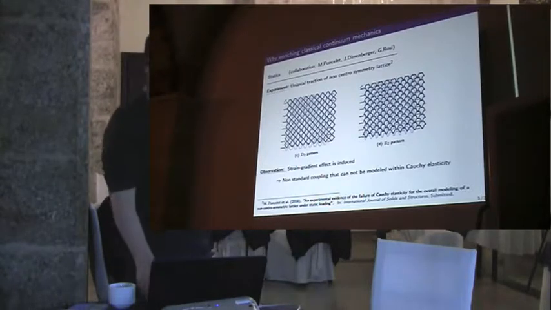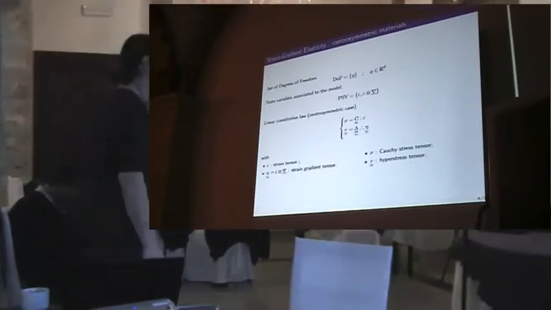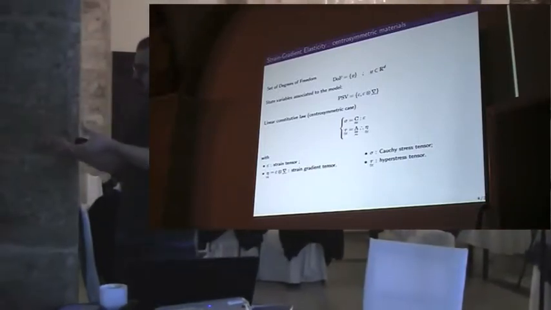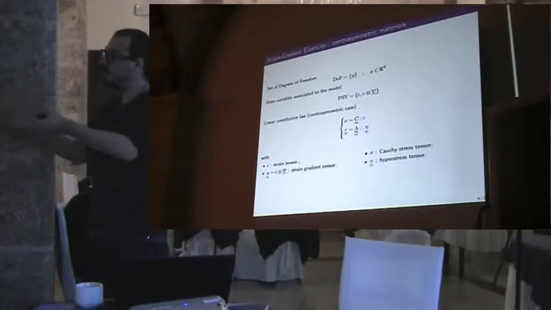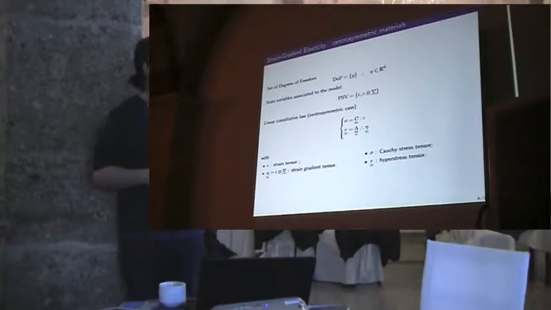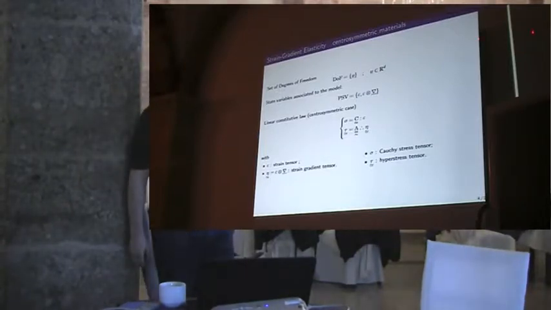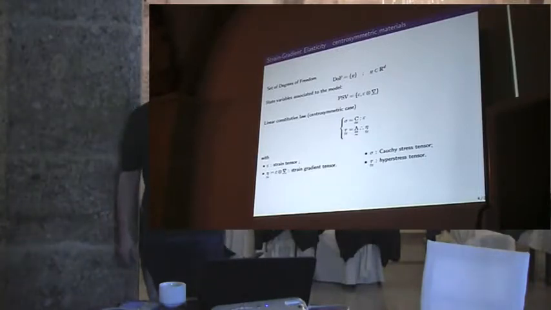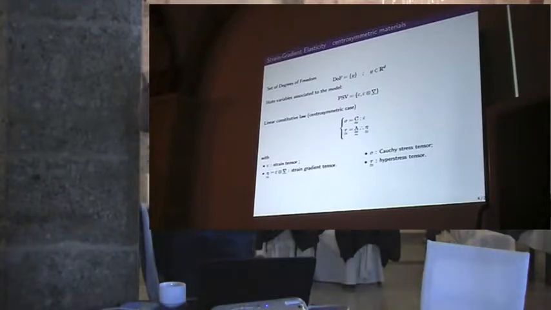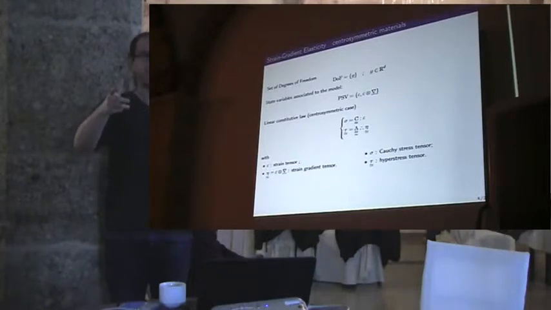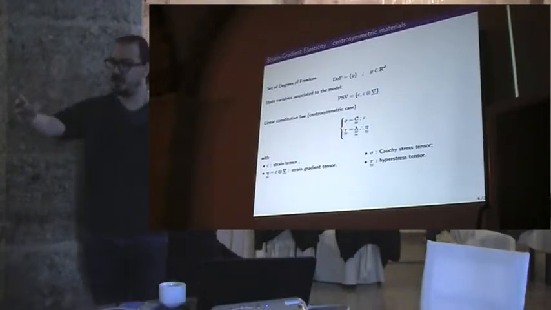continuum to choose. So instead, we will use the simplest enriched continuum that can model these two aspects previously discussed, which is strain-gradient elasticity, in which the degrees of freedom are kept the same as usual, so just the displacement field, but you take into your energetic formulation not just the strain, but also the gradient of the strain.